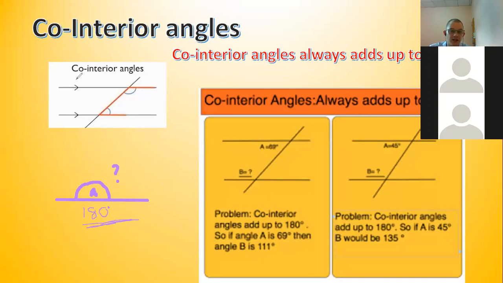So if you look at the example here of this co-interior angle at the top here, the straight line is the line running through here. This is the straight line.